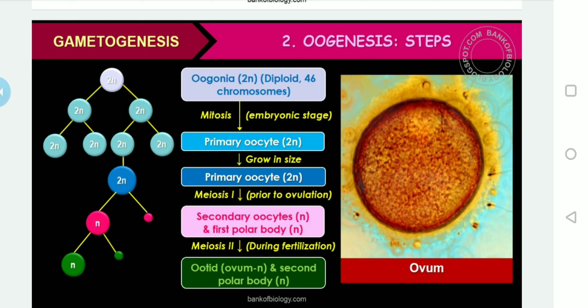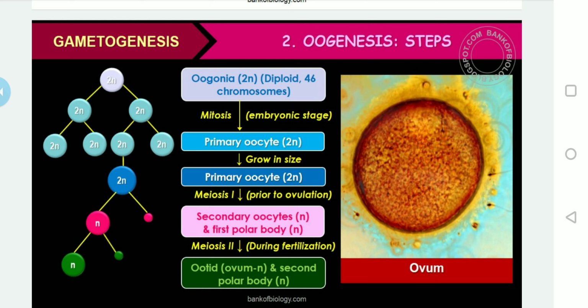When exactly does the sperm penetrate? The second meiotic division is temporarily stopped at metaphase II and does not enter the further stage until the sperm penetrates. Once the sperm enters or penetrates, it immediately moves towards the further stage.